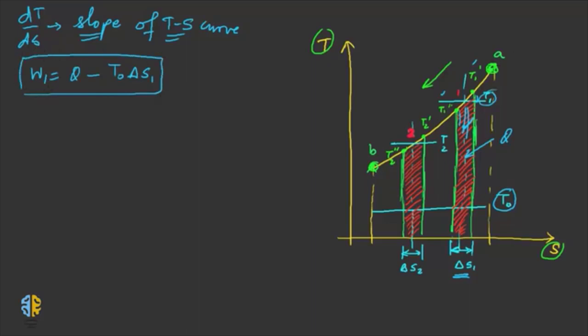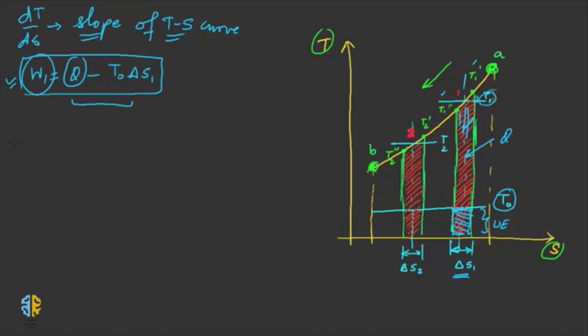Initially you had the work output as the amount of heat input, but in this case this much energy is being unutilized. So this is the unavailable energy, and the decrease in the available energy is this.